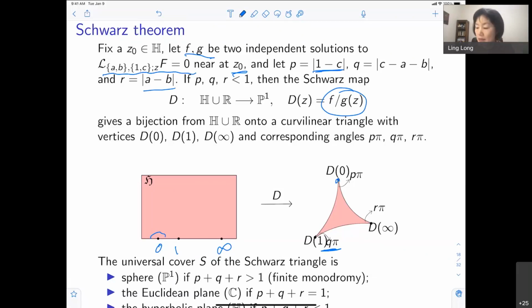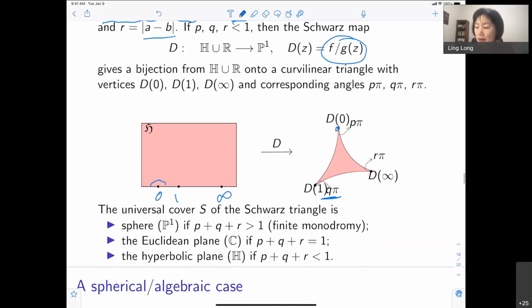If P plus Q plus R is bigger than 1, you get the sphere, CP1. If it turns out to be exactly 1, the universal cover will be the Euclidean plane, C. And more commonly, when P plus Q plus R is less than 1, the universal cover will be the upper half plane.